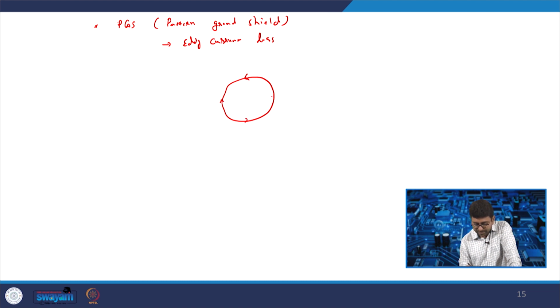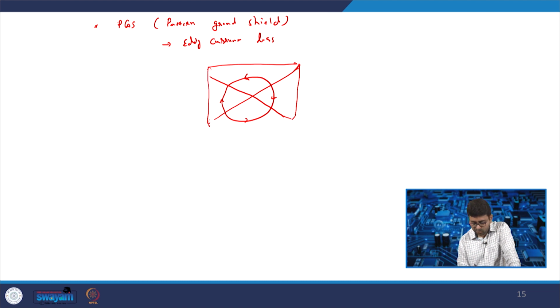So how can you reduce this loss? We can cut this. Because it is flowing circularly in the substrate, we can put metal crossing this and crossing on the other side, which will discontinue the flow and reduce the eddy current.